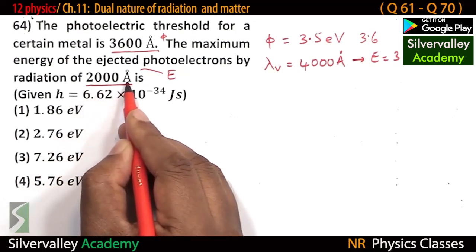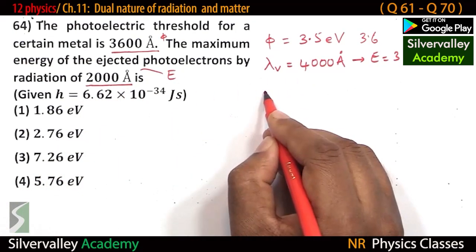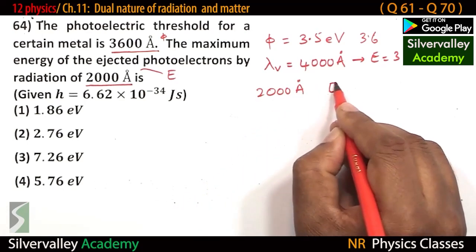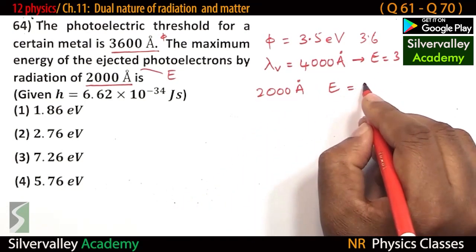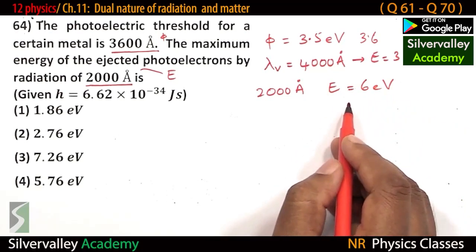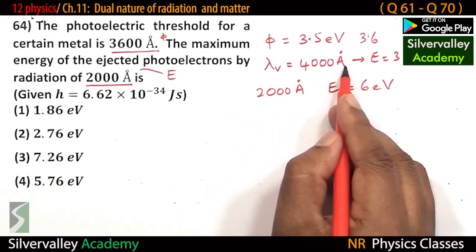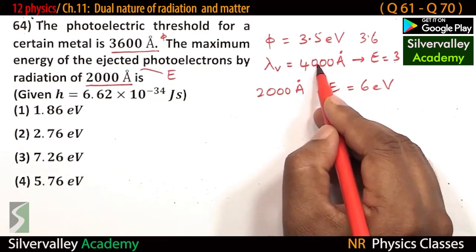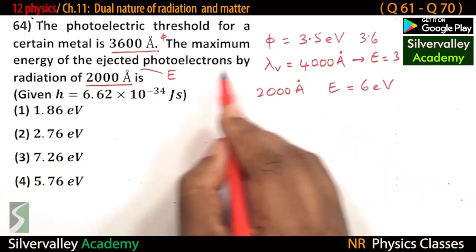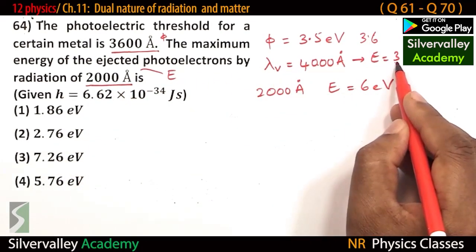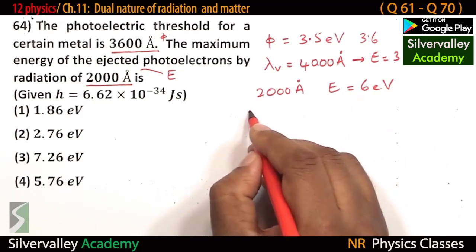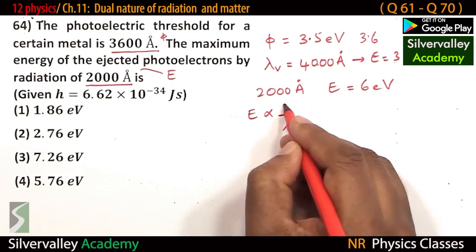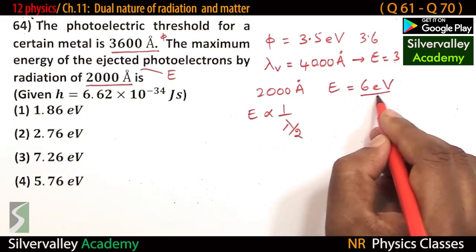Now corresponding to 2000 angstrom, energy is 6 eV. Why? For 4000 angstrom, energy is 3 eV. This we know. If wavelength is halved from 4000 to 2000, then this energy should get doubled, because energy is inversely proportional to wavelength. If this is half, then energy is doubled. That is why 6 eV.